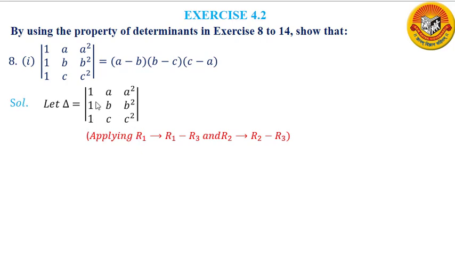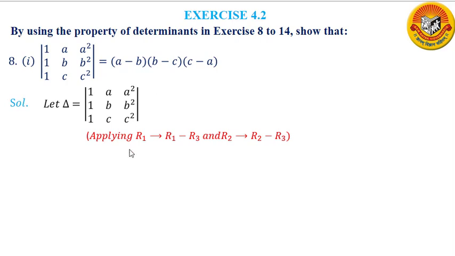I could have also applied R1 as R1 minus R2, in which case I will get a minus b. Now I am getting a minus c, so if from this third term I take the minus sign common, I will get c minus a, right?